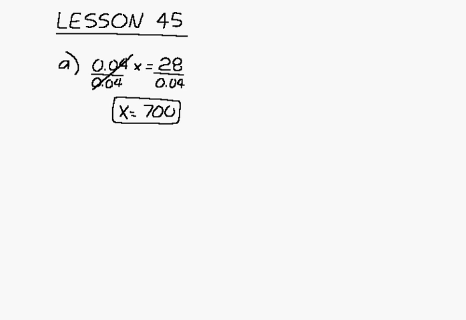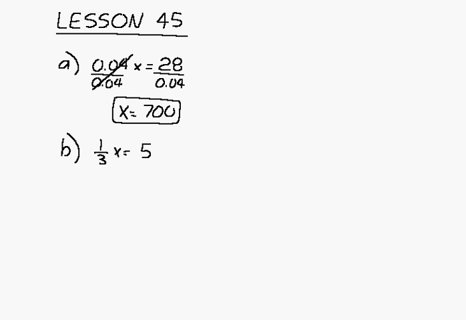Let's look at B. 1/3 x is equal to 5. Now, really, I don't think the division rule is a good idea on this one, and it says solve by multiplying or by dividing. So let's use the multiplication rule on this one.